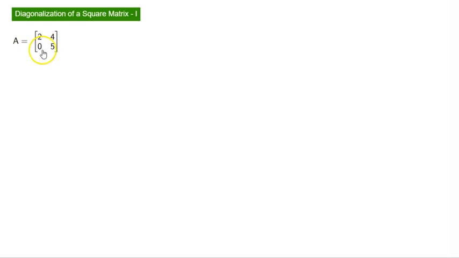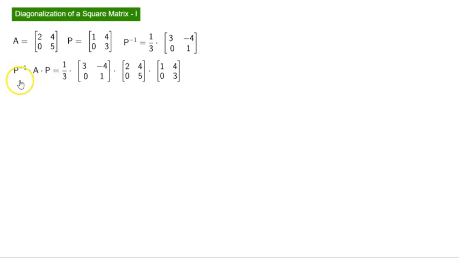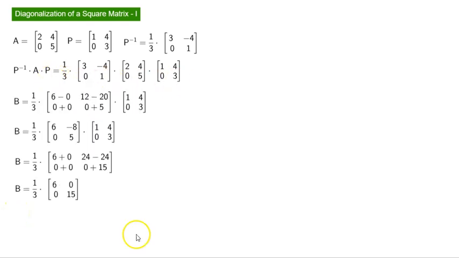So let us now find B, that is P inverse AP. We have now the given matrix A, we have the matrix of eigenvectors, we have P inverse. Now, let's evaluate P inverse AP and we arrive at B is equal to 1 by 3 times 6, 0, 0, 15.